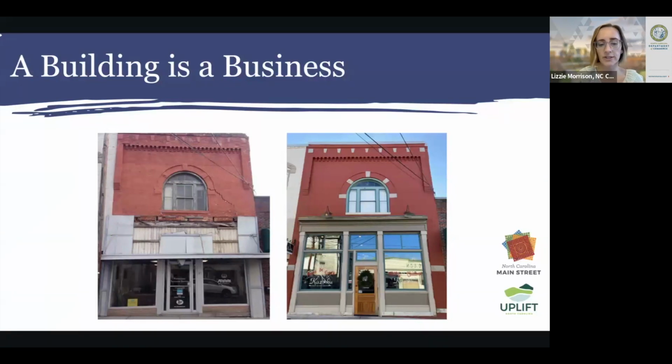And the studio residential units upstairs now rent for $650 a month. So you can see there that there's a big economic impact within the envelope of this building, and the property owner treats the building like a business. Next slide.